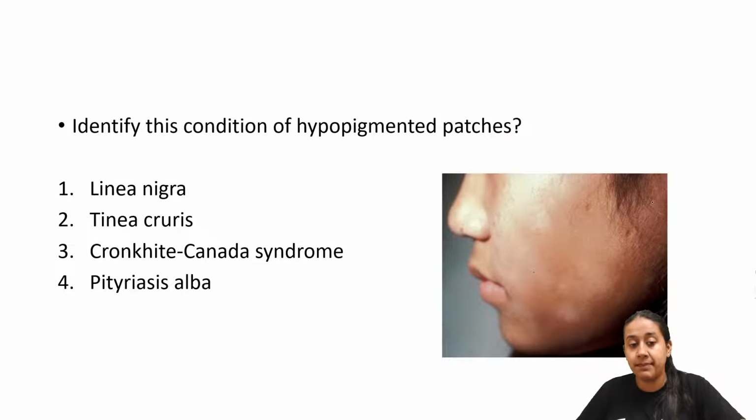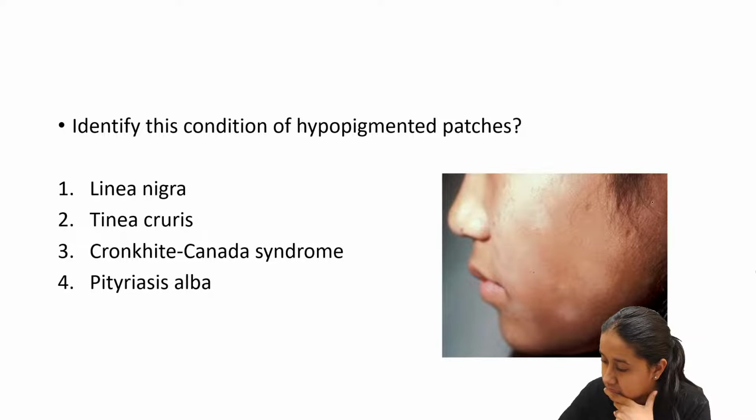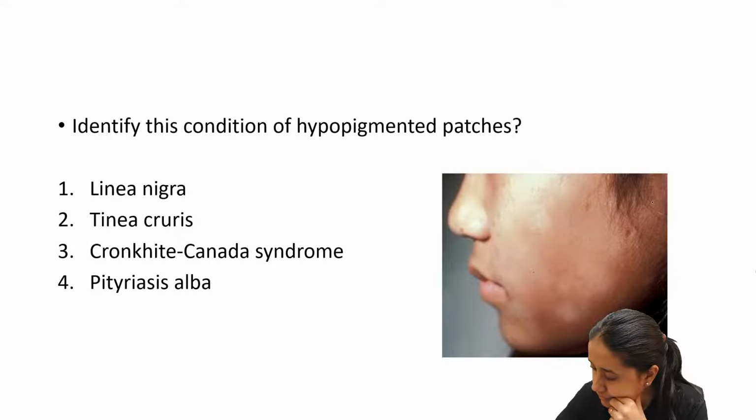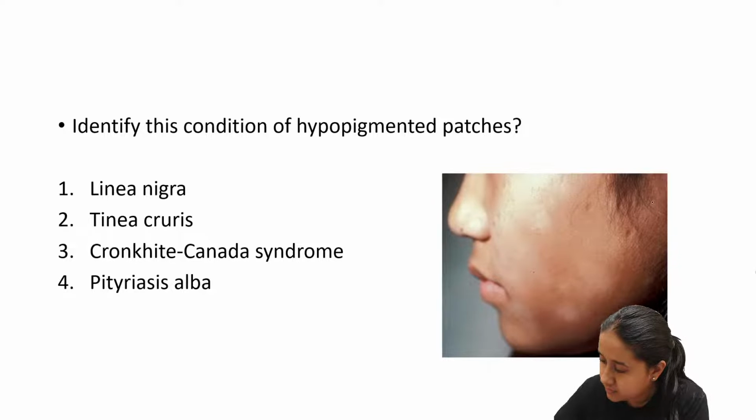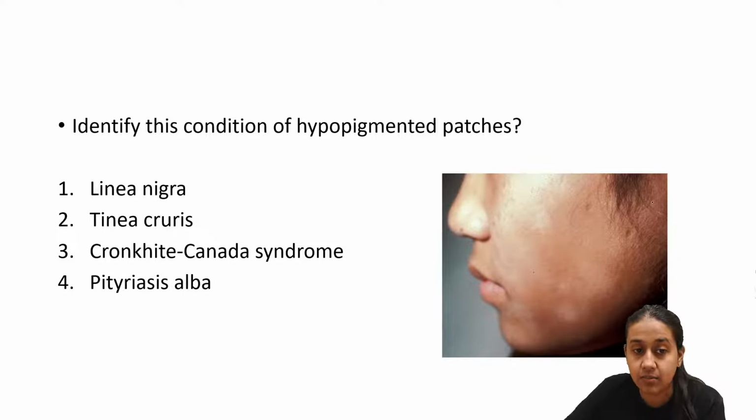Now identify this condition of hypopigmentary patch: linea nigra, tinea cruris, Cronkhite-Canada syndrome, and pityriasis alba.